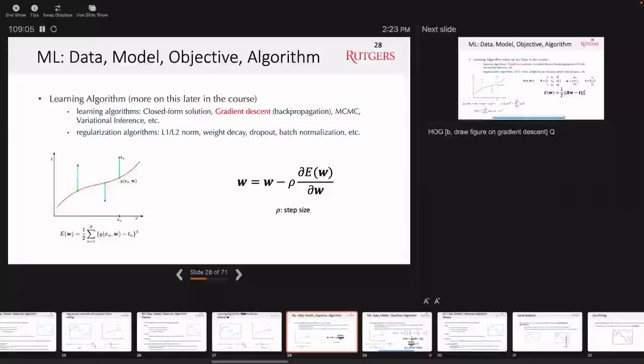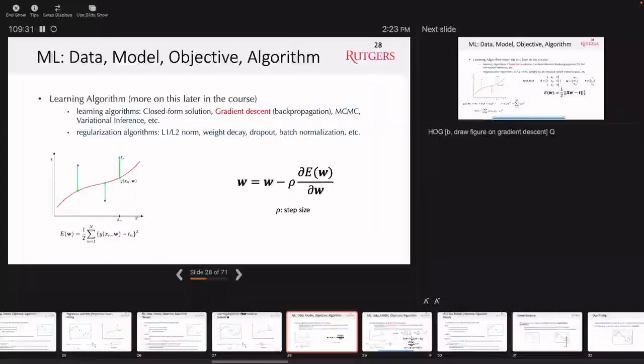In a very simplified case, in reality it's much more complicated, we simplify it into a very low dimensional space. Let's say the whole landscape looks like this, and you initialize your W here. This is your initialized model.